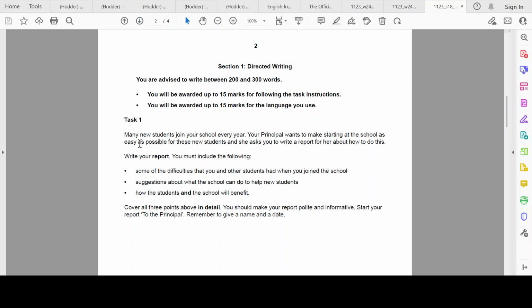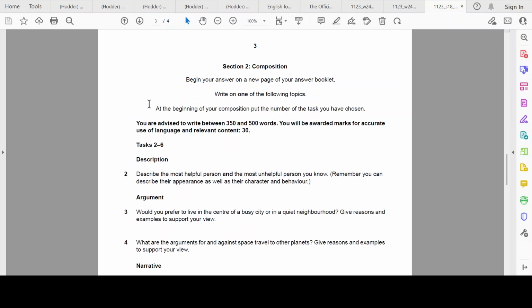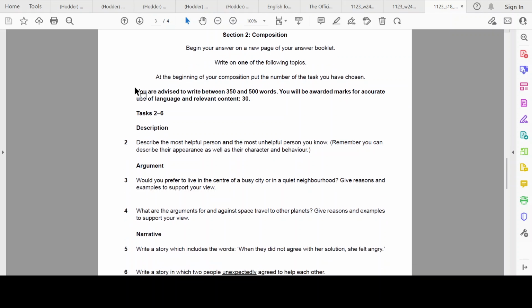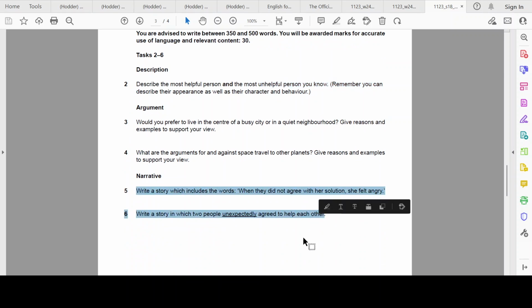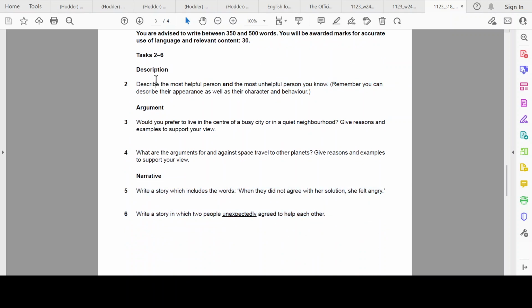So earlier they used to give you a scenario and give you bullet points on what to focus on. So that's not what we're doing any longer, and so that's not useful. So we can skip that. The composition is still useful, right? Because you still have 1 descriptive topic and 2 narratives. You can still use these topics for your writing.